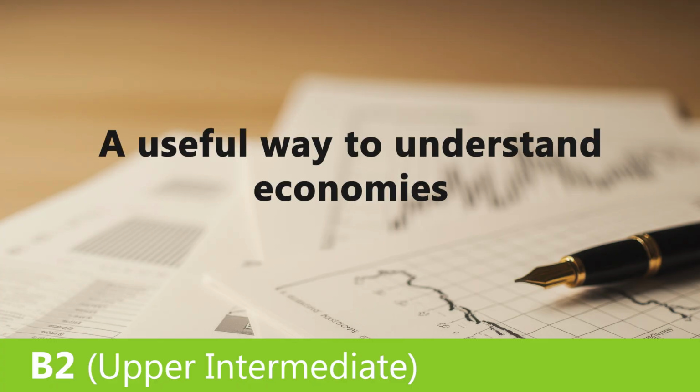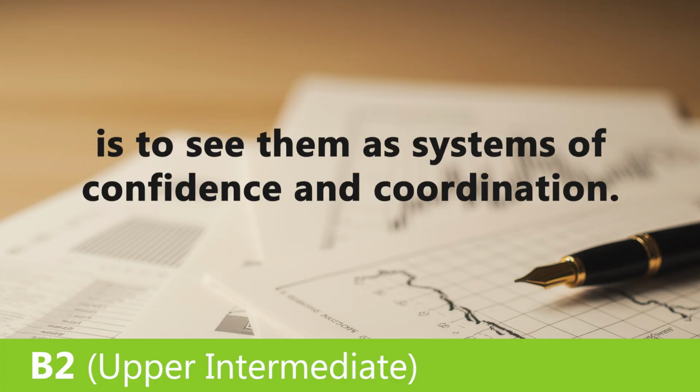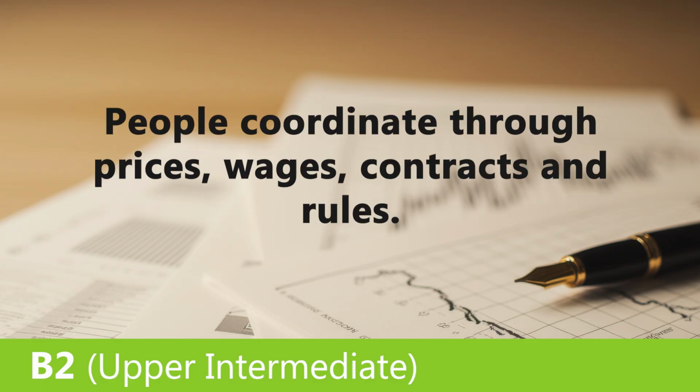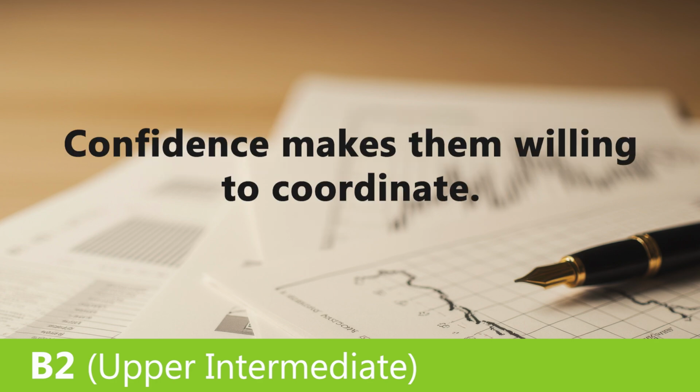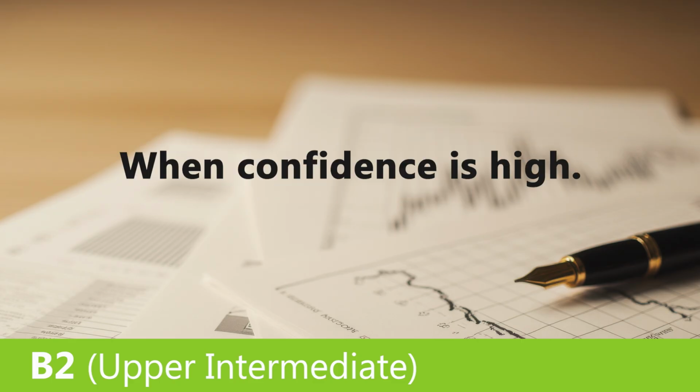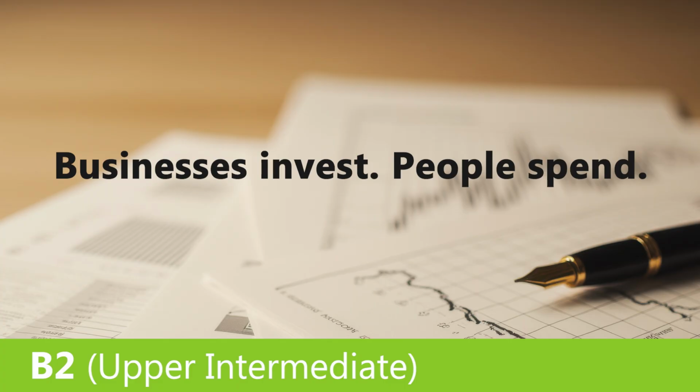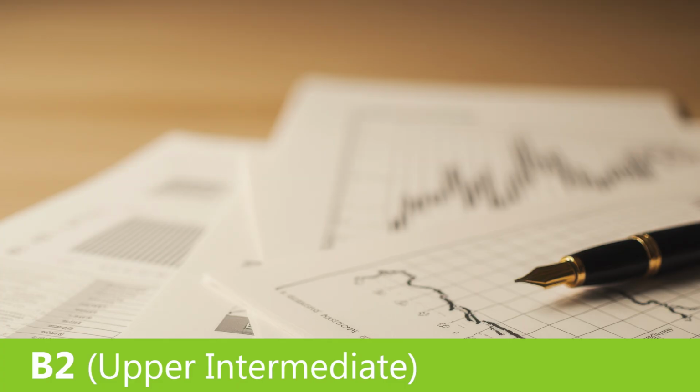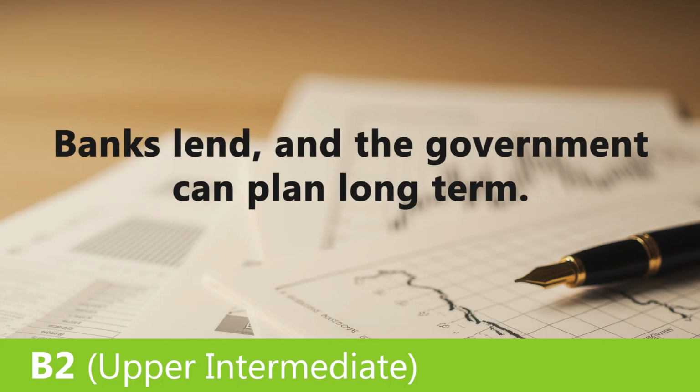A useful way to understand economies is to see them as systems of confidence and coordination. People coordinate through prices, wages, contracts, and rules. Confidence makes them willing to coordinate. When confidence is high, businesses invest, people spend, banks lend, and the government can plan long term.